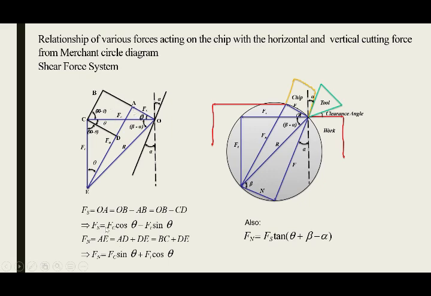So Fs is equal to, value of OB will be, considering this triangle, cos of theta is equal to OB upon FC. So OB is equal to FC cos theta, okay, minus CD.